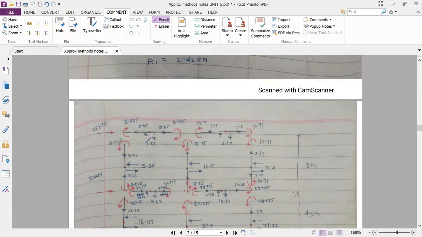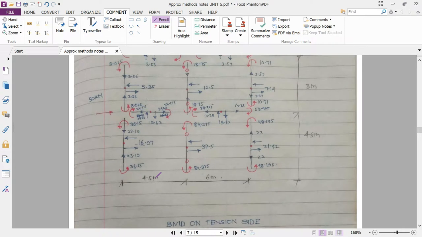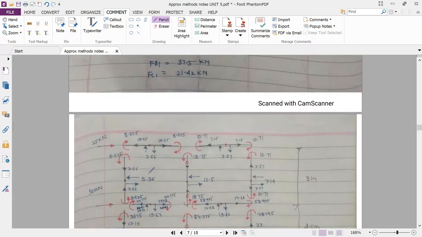So in order to get the particular reactions in a beam, 8.025 divided by the span, that is 4.25 by 2, that is 2.25. So if we divide by 2.25 you will get the answer as 3.56 here and 3.57 here.